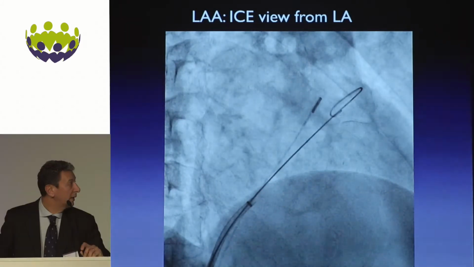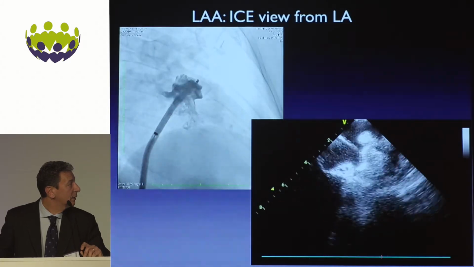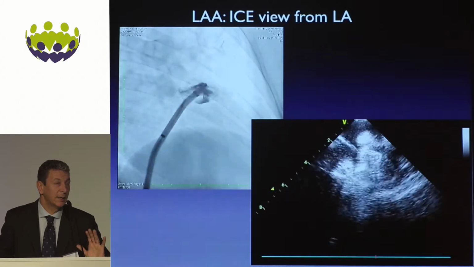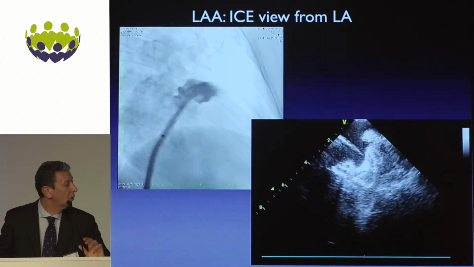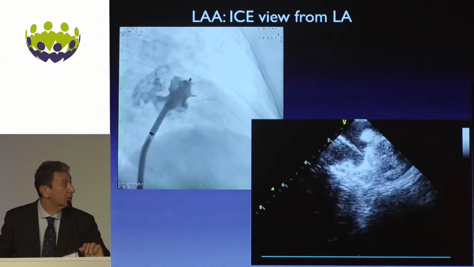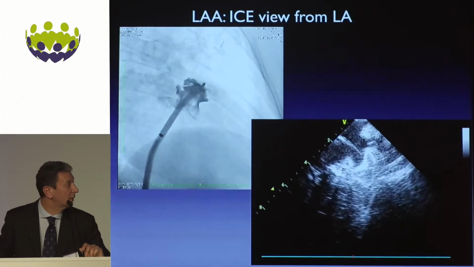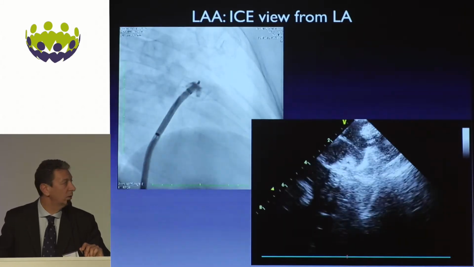Usually it's not complicated, and from this position you can keep the catheter just in front of the LAA or in the proximal part of the left superior pulmonary vein, and you can follow all the procedure.